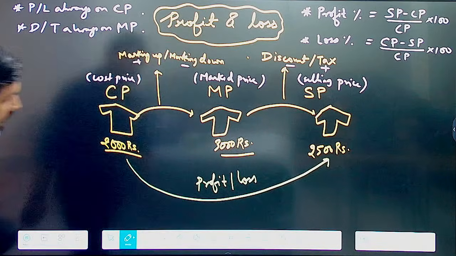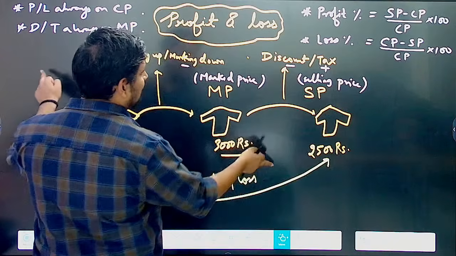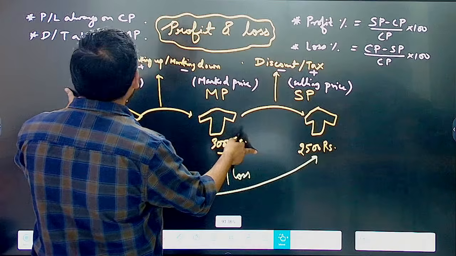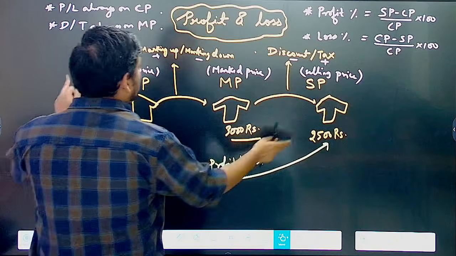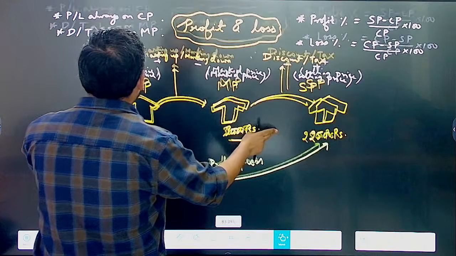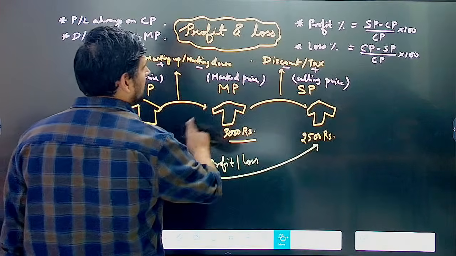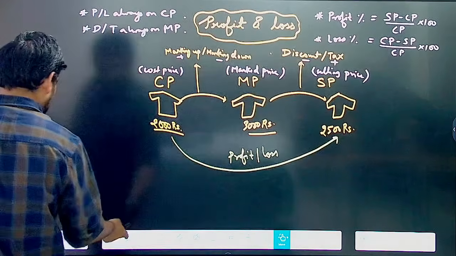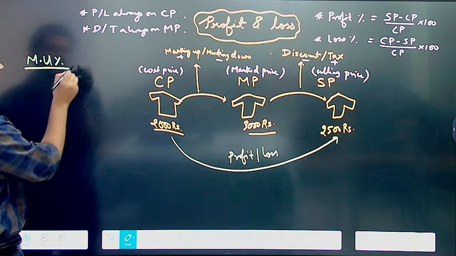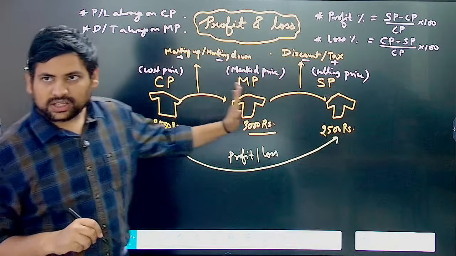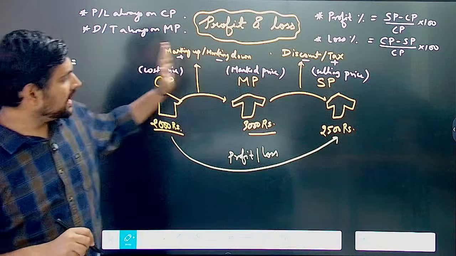Okay, now see this. So if I were to write some of them, it will be like this. For example, if I write marked up percentage, what will it be? Marked up percentage will be whatever is the marked price minus the cost price.